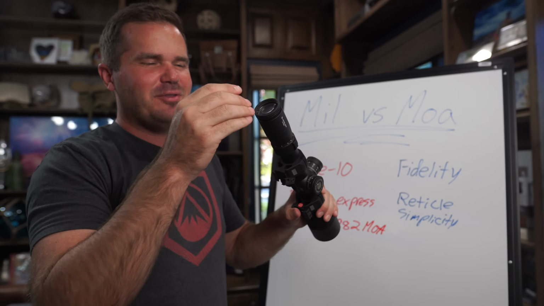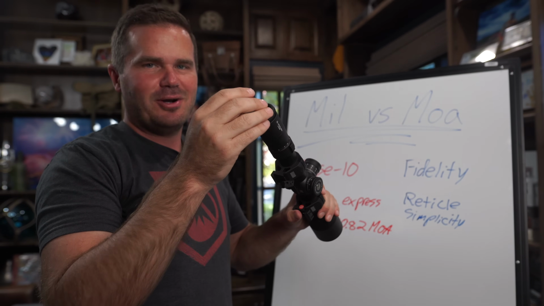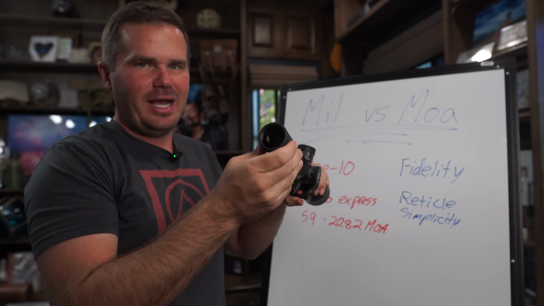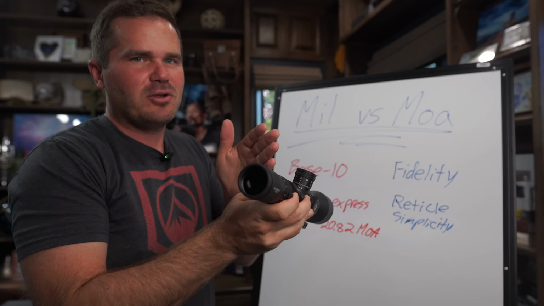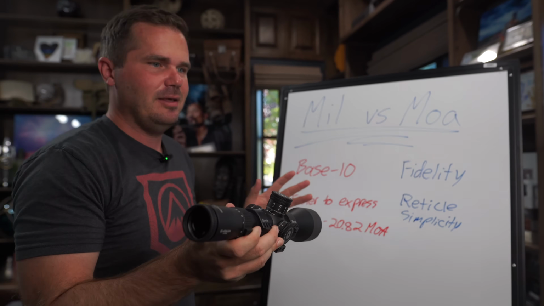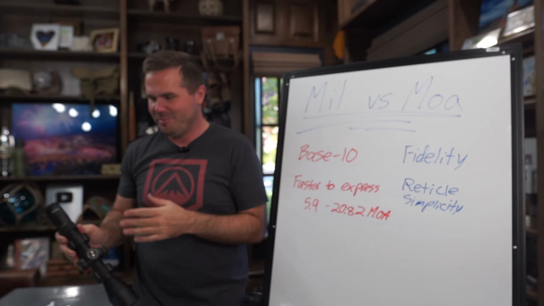And so it gets to have the right number of little hash marks, the little subtensions in there to actually look good, and you get pretty quick at it. But it's something that just doesn't quite line up as well as the MOA reticles, in my personal opinion.